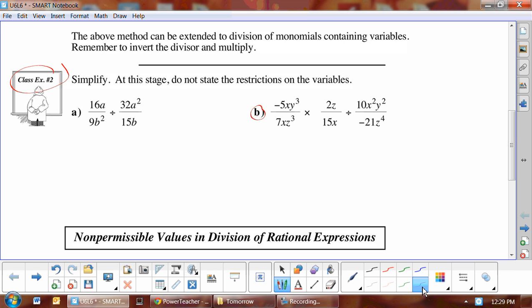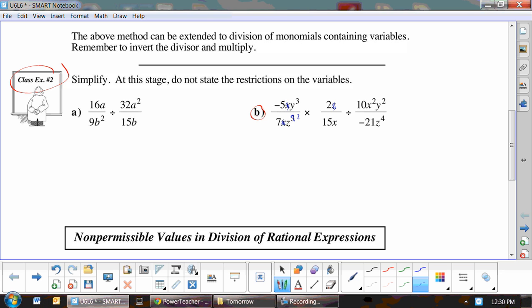So because it's multiplying, we can deal with it exactly like we would our multiplying questions from before. So we say, okay, we can't really factor these because they're monomials, but we can start looking for common factors. So we say, well, those x's can go. We don't have any y's, but one of our z's can go.